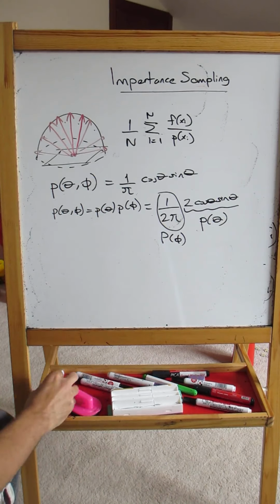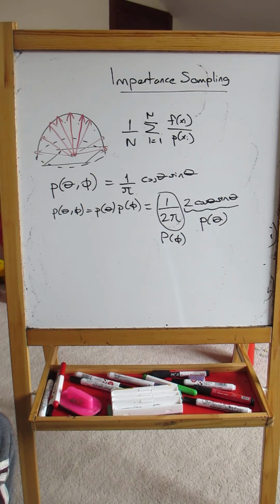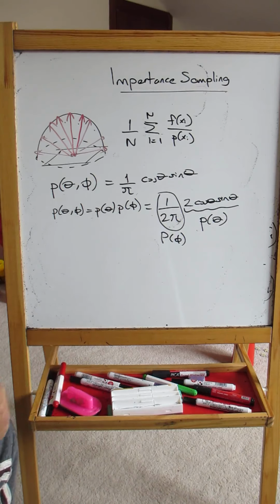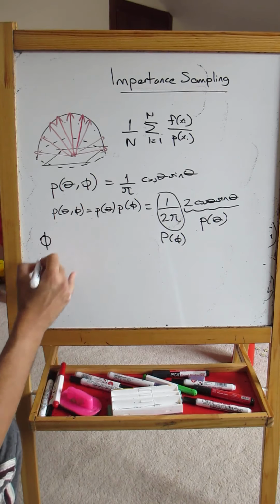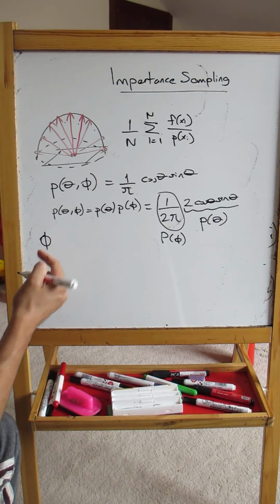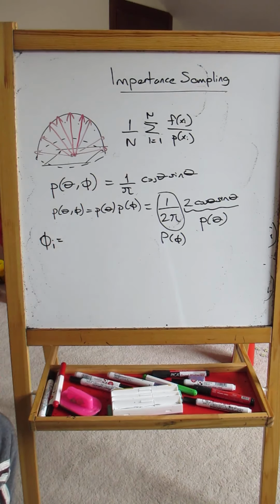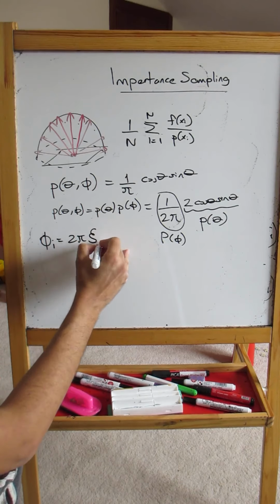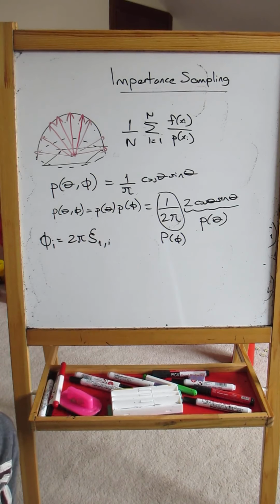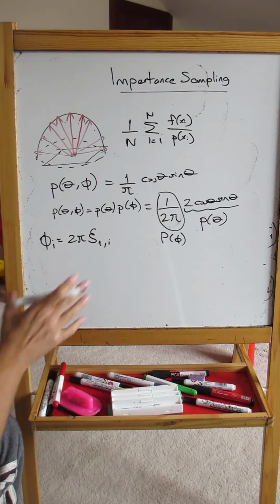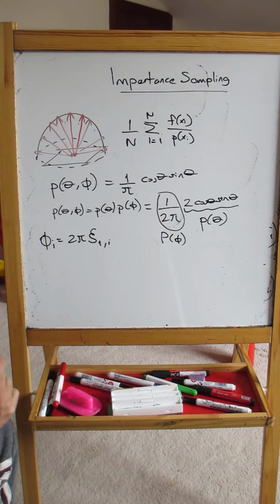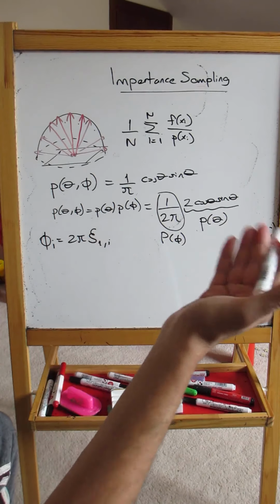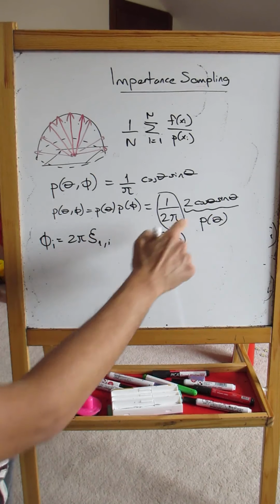Now the phi part is easy. This seems to be the same thing over and over again. For selecting the phi angle of the samples, we can simply say phi_i is 2 pi times our random number chi_1_i. This has always been like that. Now for the other one, we do our three-step process.